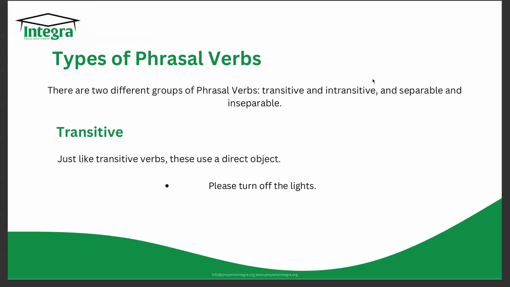So we have transitive. So transitive phrasal verbs, just like with normal transitive verbs, need a direct object. For example, this sentence goes, please turn off the lights. If you just put the sentence as, please turn off, it makes no sense.